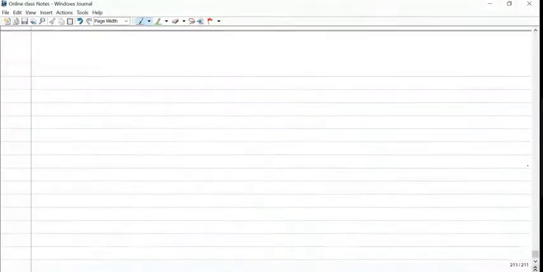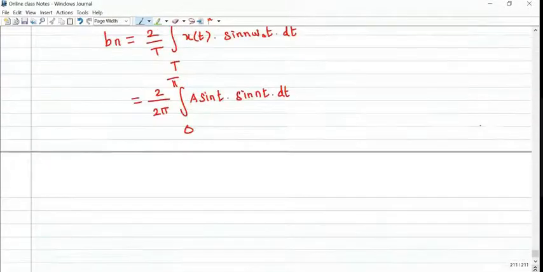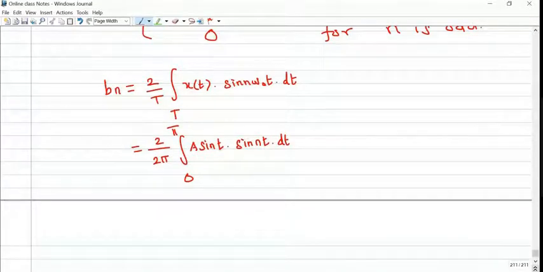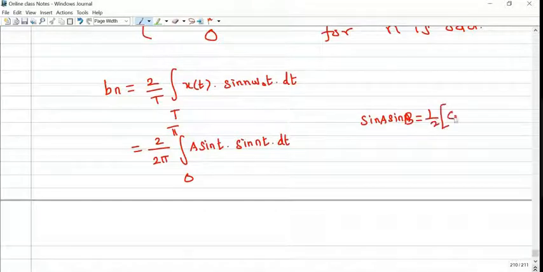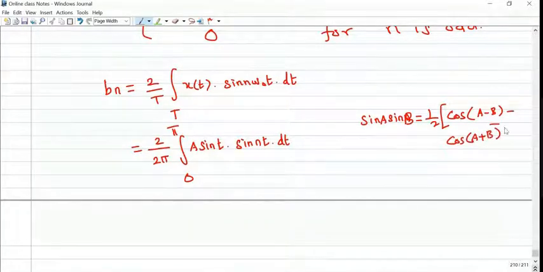Correct. So A sin t sin nt dt, 0 to pi. Solve this integration using the sin A sin B formula. To solve this integration, first expand it using the sin A sin B formula. So sin A sin B equals 1 by 2 times cos of A minus B minus cos of A plus B. So this 2 will be cancelled.